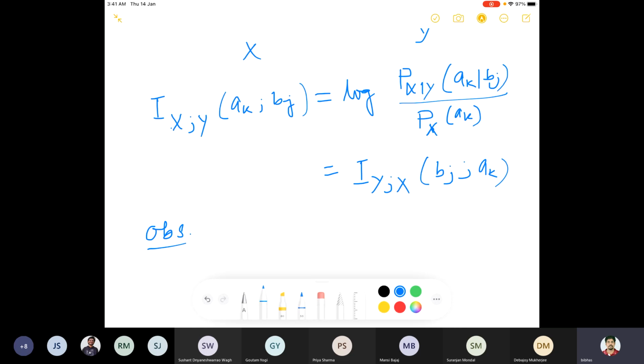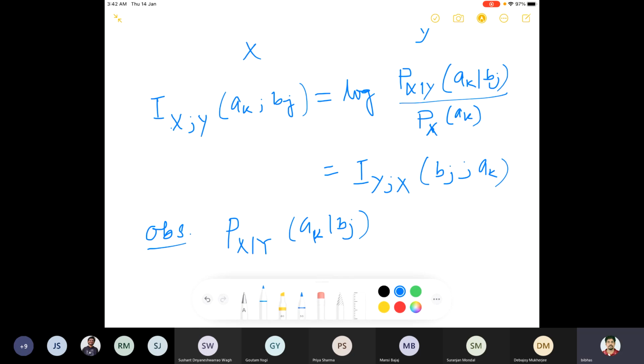Let's say ak and bj are independent, meaning there is no relation between them, or let's say X and Y are independent. Then what happens if ak and bj are independent? That means what? P of X given Y, so ak given bj, what will this be?